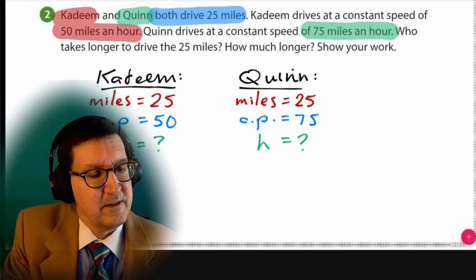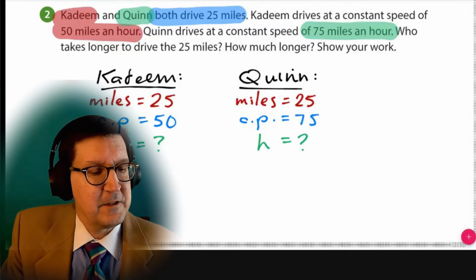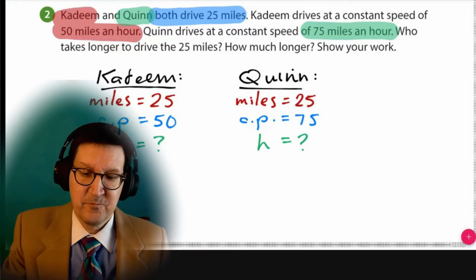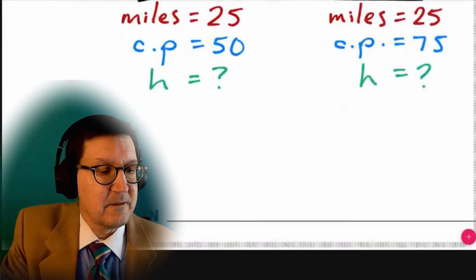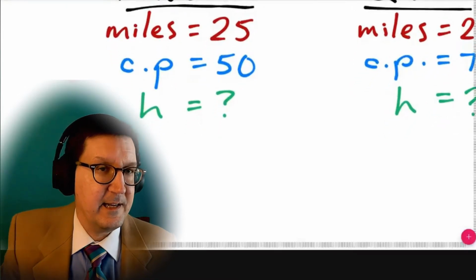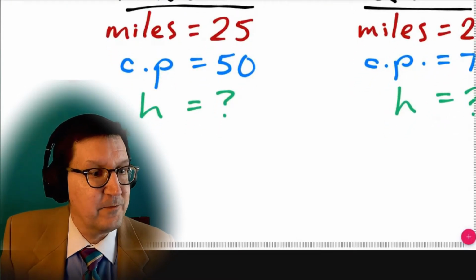Kadeem, 25 miles at 50 miles per hour. Quinn, 25 miles at 75 miles per hour. Well, we can make a nice, tidy little equation with this, can't we?